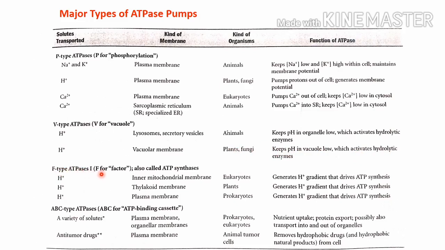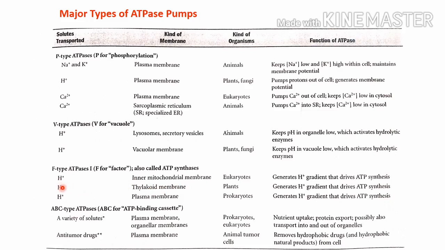The F type ATPases, F for factor, also called ATP synthase: as we know, in plants during photosynthesis ATP formation takes place, and here the energy of the hydrogen ion gradient is used.